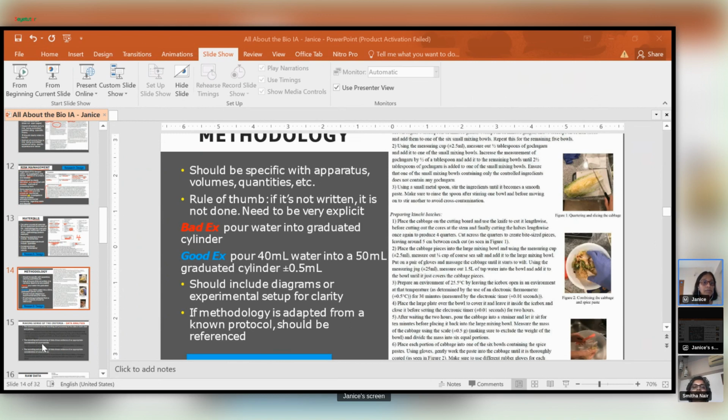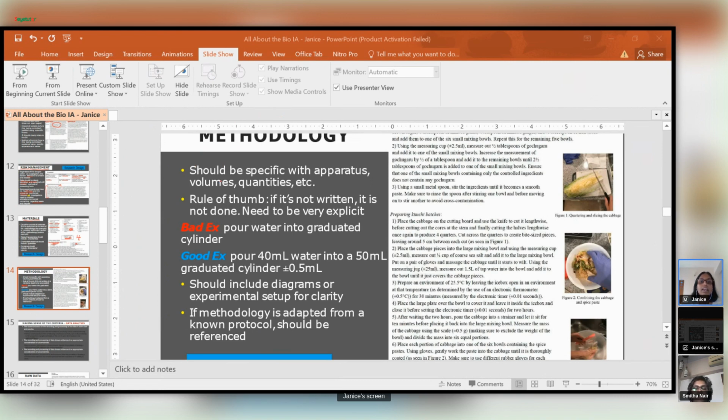That's why I wrote very clearly. It should be specific with apparatus, all the apparatus, how you are going to do it. Like using the measuring cup, measure out half a cup. I'm making it very, very clear over here. The rule of thumb is very clear: if it's not written, it is not done.